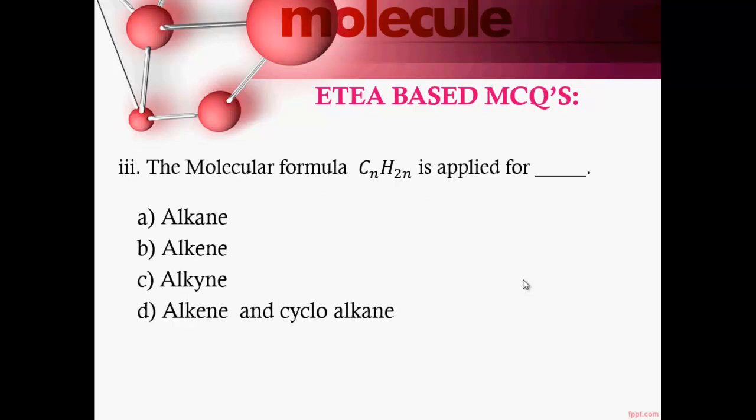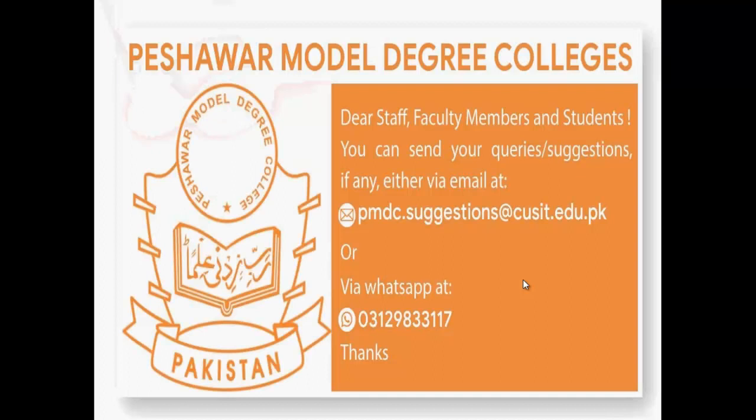MCQ number 3. The molecular formula CnH2n is applied for option A alkane, option B alkene, option C alkyne, option D alkene and cycloalkanes.